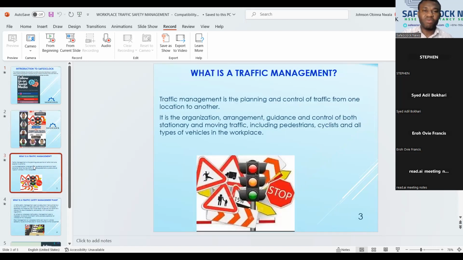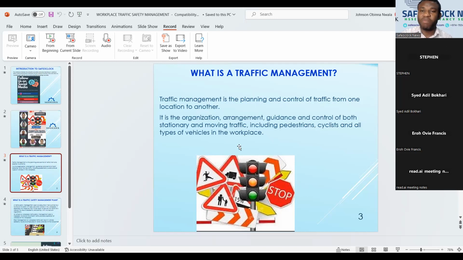So first, when you talk about traffic management, what do we mean by traffic management? By traffic management, we mean those procedures or plans that you put in place to control movement of equipment, vehicles, or people from one place to another. So traffic management also involves control of both stationary and moving traffic.